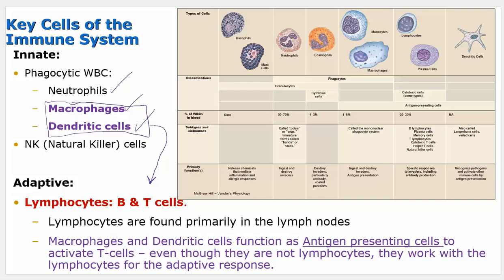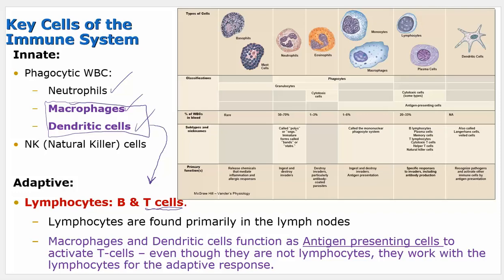The adaptive cells are the lymphocytes, which are B and T cells, and we're going to find out that there are two different types of T cells. They're called lymphocytes because they're found in the lymph nodes. All of the blood cells are made in the bone marrow, but these B and T cells will eventually migrate into the lymph nodes and into the spleen, associated with that lymph system.